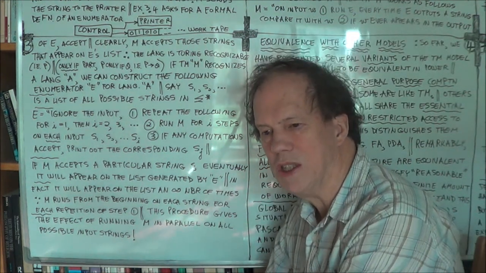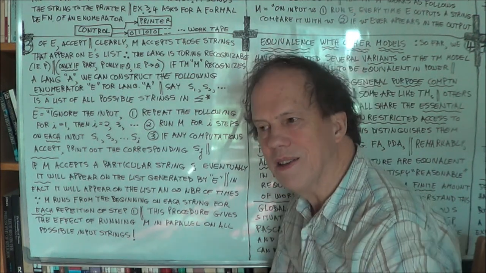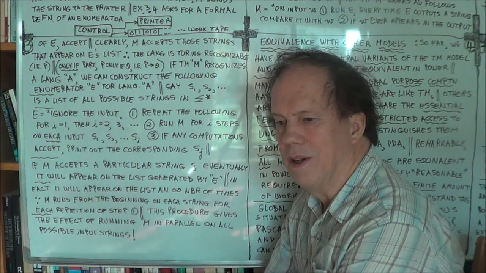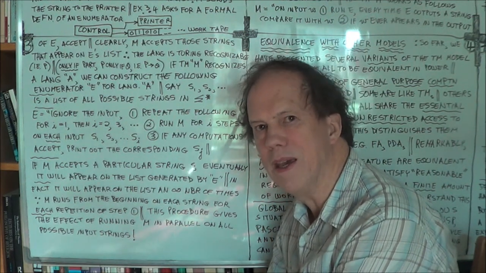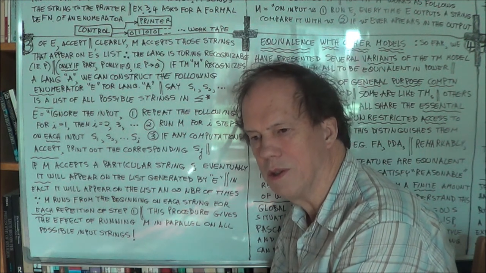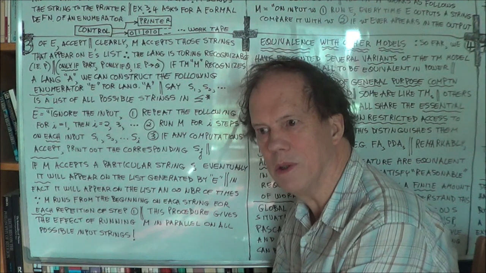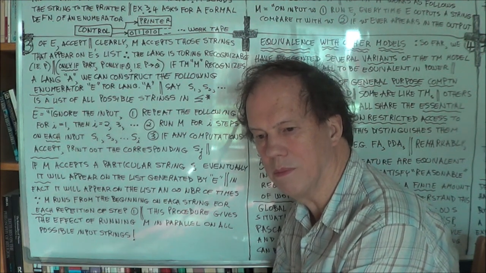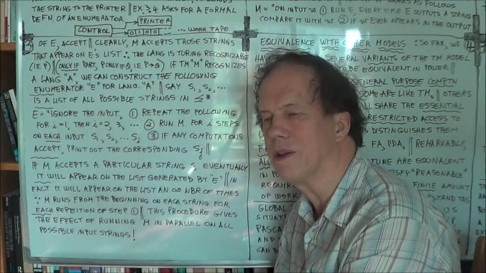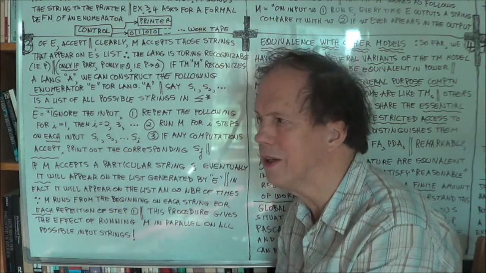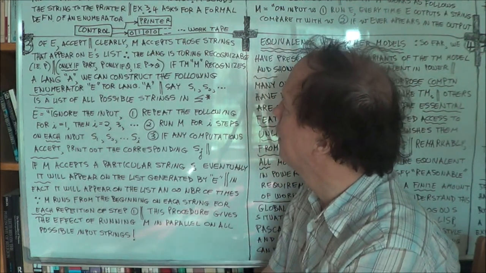So in other words, there's a new machine E, an enumerator, such that for every string that's accepted by your standard Turing machine M, that same string will appear on the list, printed out by the printer. That's what enumerators do. So you have to show that that's the case.